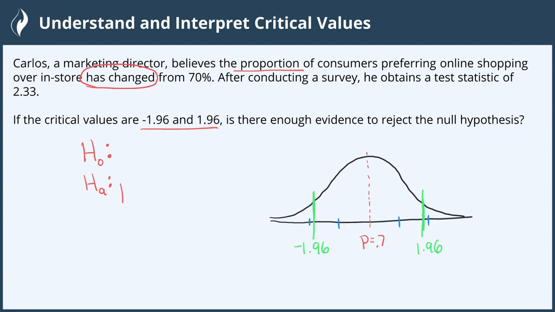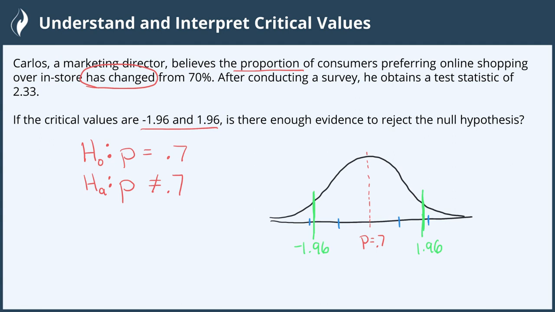Again, we're doing proportions, so it's a p, and has changed means it does not equal 70% or 0.7. And a not equal to goes in the alternative. It will be either less than, greater than, or not equal to. So this is our alternative. That means that our null hypothesis is that the proportion equals what was already expected of the 70%.